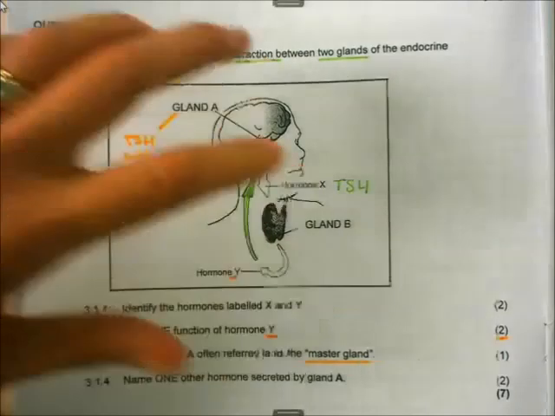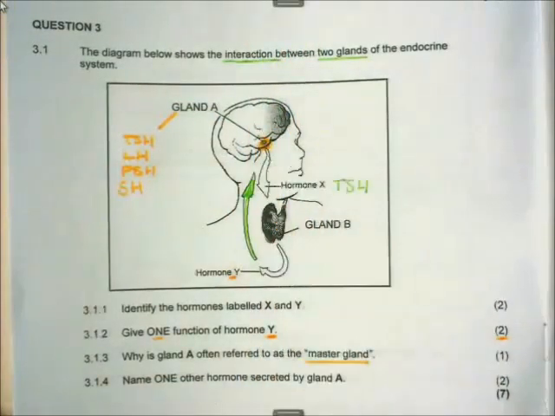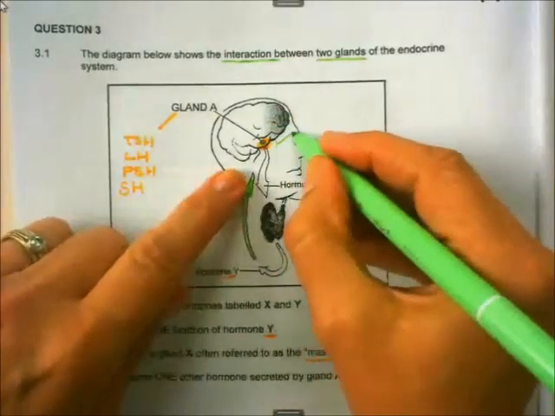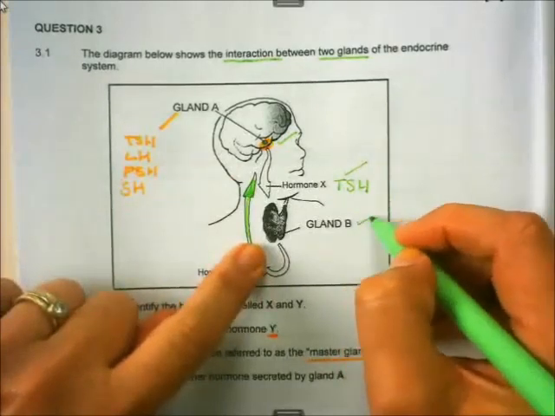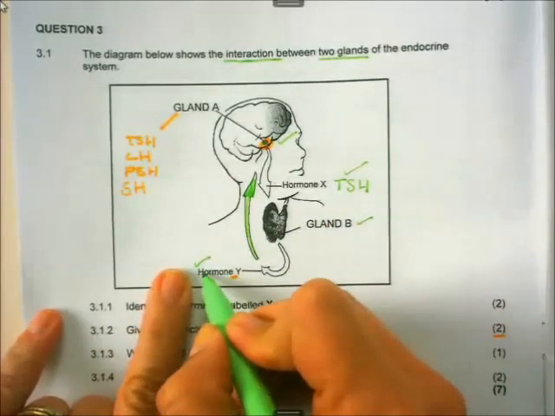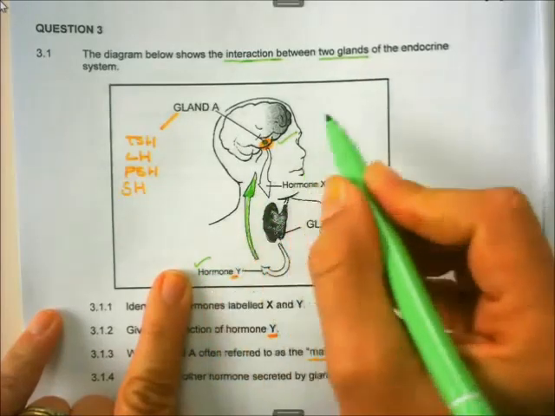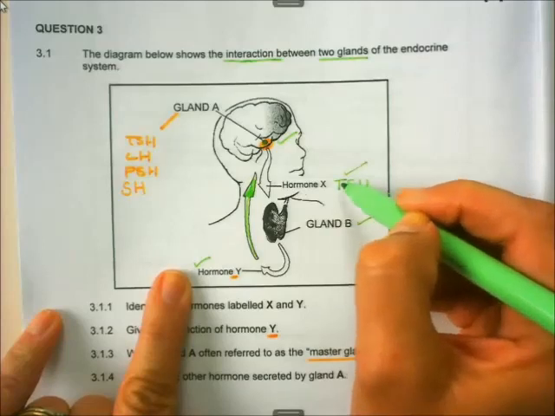But look at this picture. The interaction here is negative feedback. How does this negative feedback work? You have to say that gland A, the pituitary gland, produces TSH that stimulates the thyroid gland to produce thyroxine. The more thyroxine is produced, it stimulates the pituitary gland to secrete less TSH.